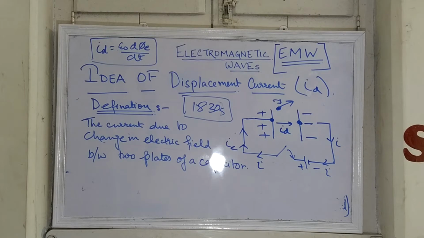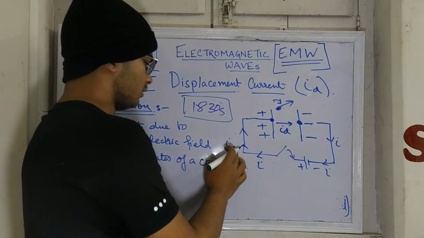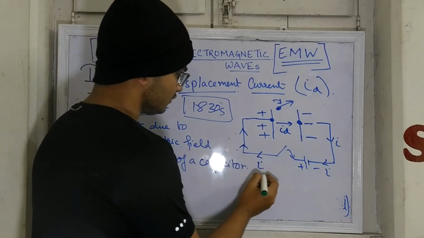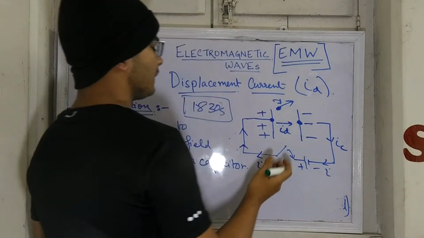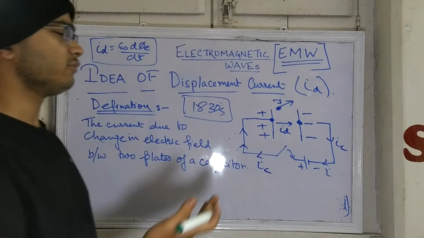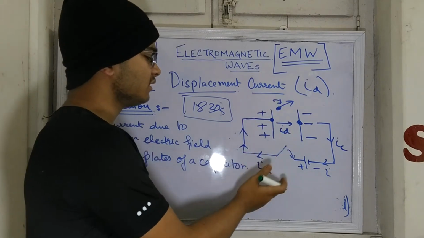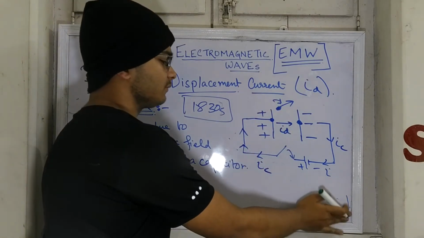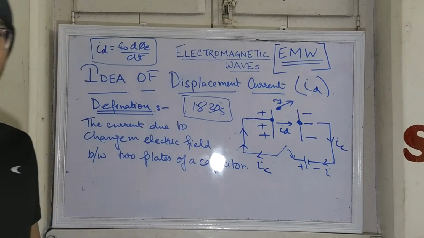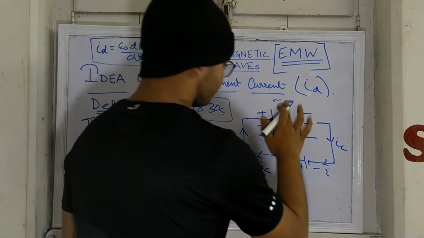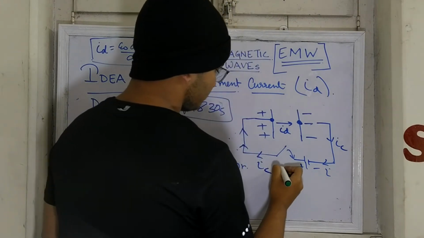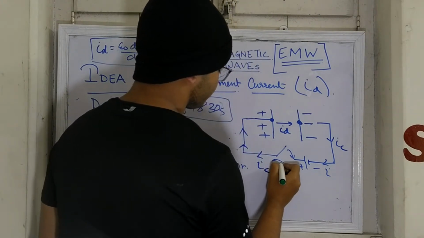Now Maxwell's main aim was to find out whether the magnetic field produced by this displacement current and the conductor current in the conductor is similar or not. So for that he took a magnetic needle again and placed it here.